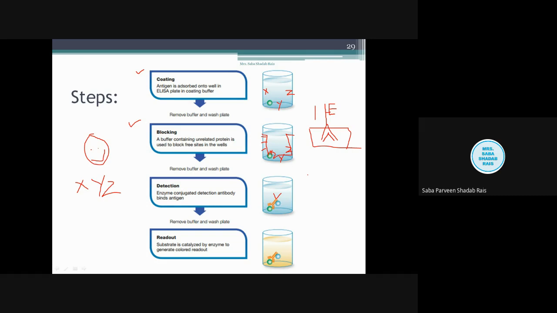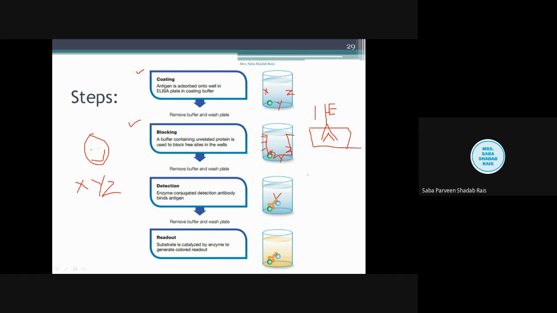If the patient does not have the X antigen, there is no chance for this laboratory designed enzyme linked antibody to bind. So all the antibodies are going to be washed off, and after that, what is going to happen? We are going to add the substrate, and you can say the substrates are chromogens.